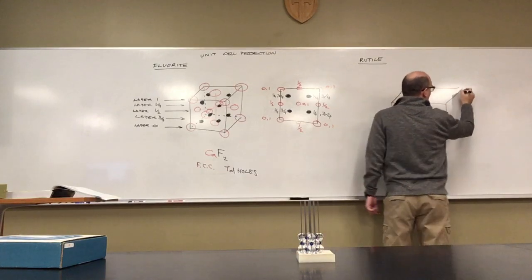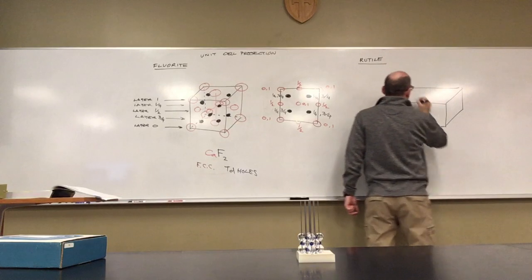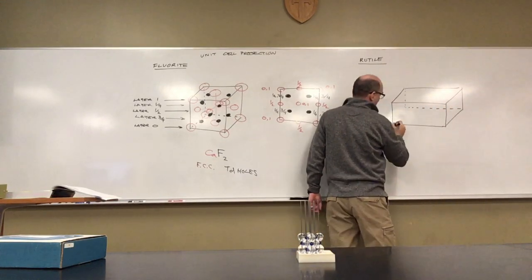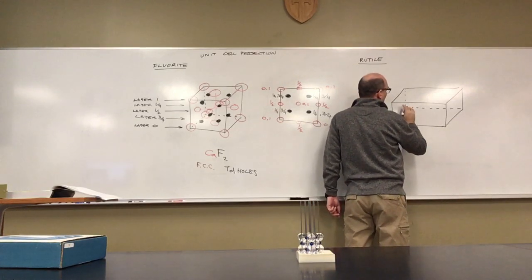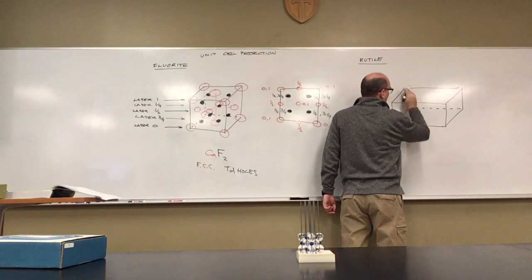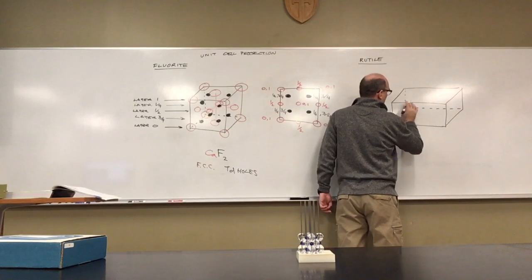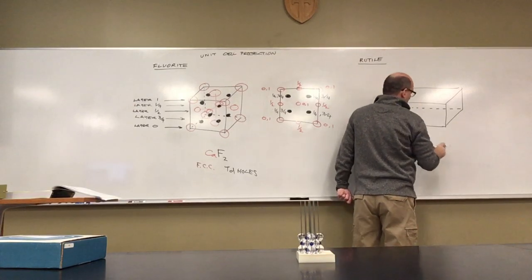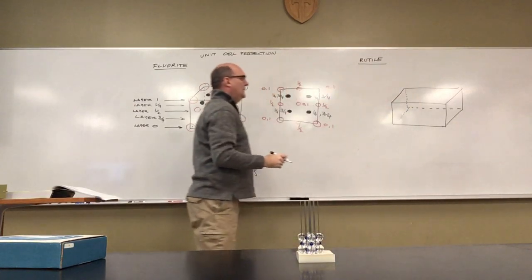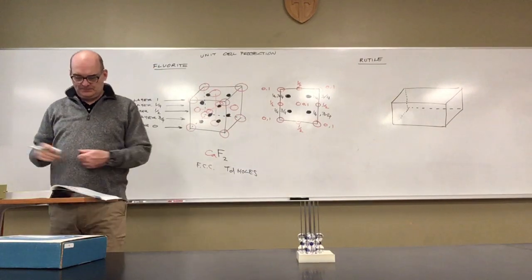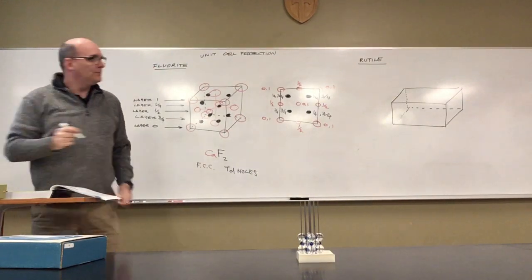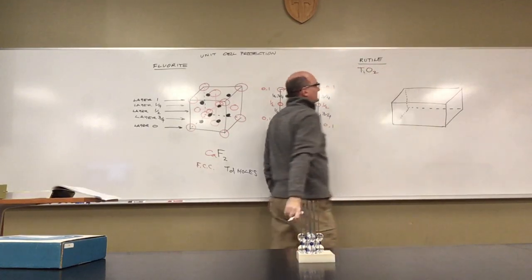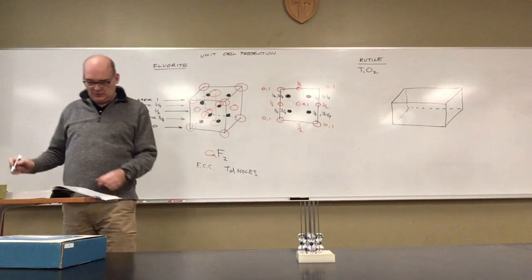Got a little table for it in the book. Common deviations are rhombic and orthorhombic. By the time you get to the monoclinic, I think you've got a little bit too much variation in your structure for us to worry about. Okay, so rutile is titanium oxide, and it is not cubic.